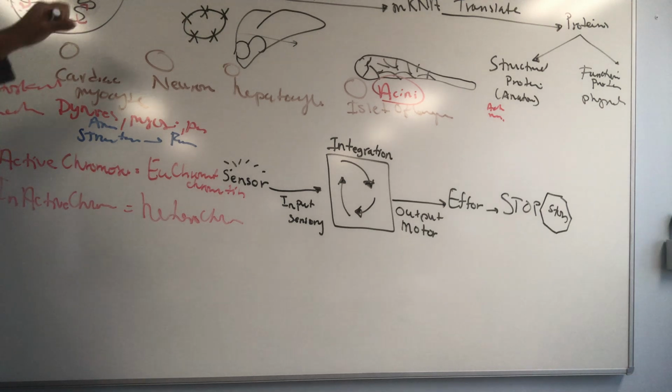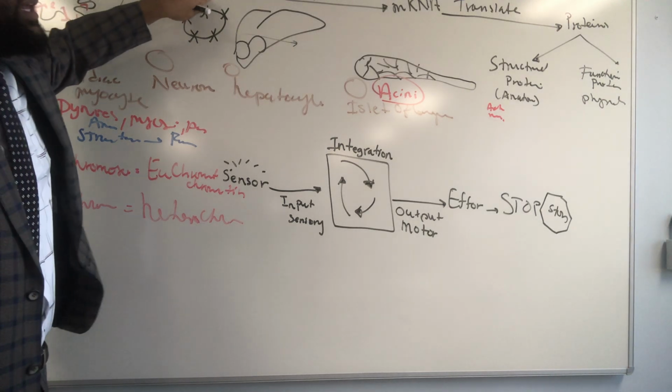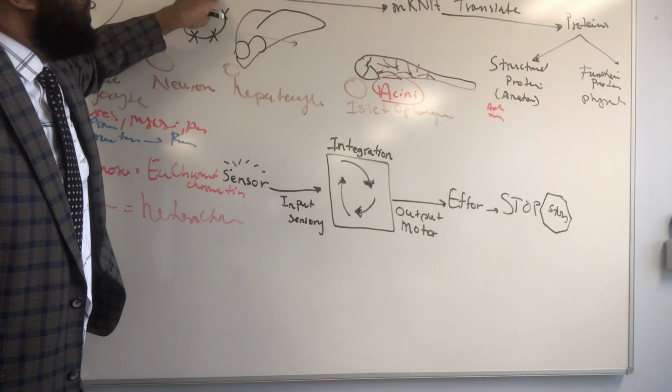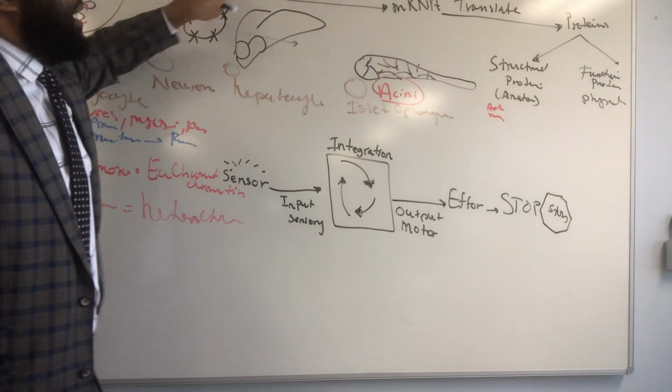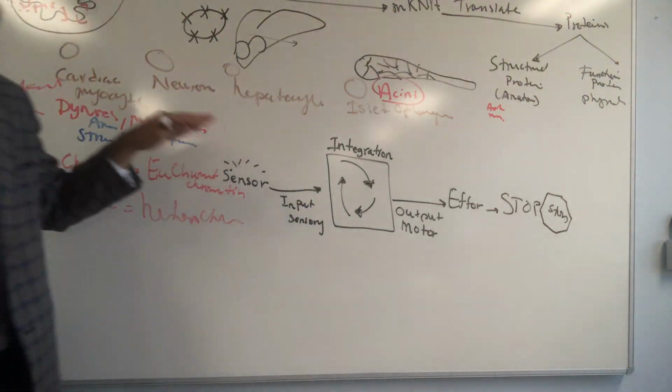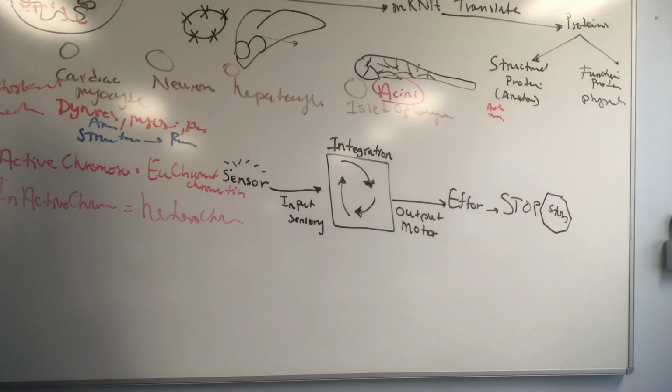Go tell HIV, listen, we can only get mRNA from DNA and protein from mRNA. That was supposed to be the central dogma of biology. But what does HIV do?